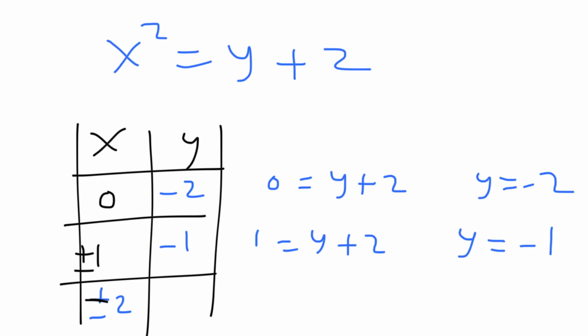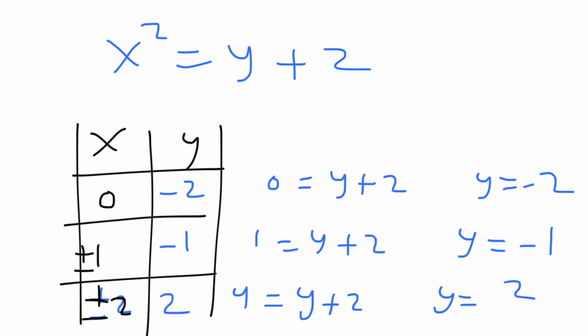That means when you square it, what do you get? You always get the square of 2, which is 4. So 4 is equal to y plus 2, and that means y is equal to 2. So you have here 2.